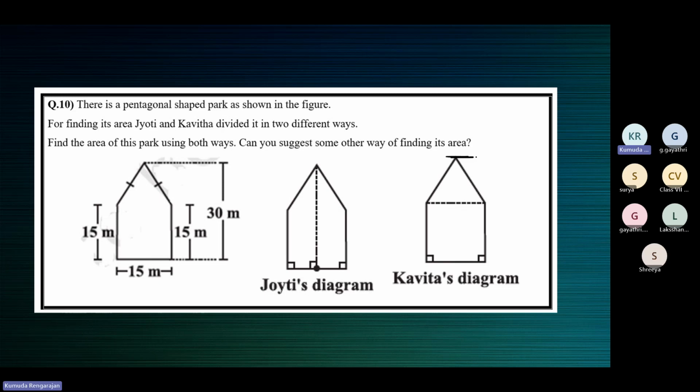See this height. This one is 30. It's marked here. This is 30, and of that, this is 15. So the remaining part will be 30 minus 15, 15. This is 15. This is also 15.